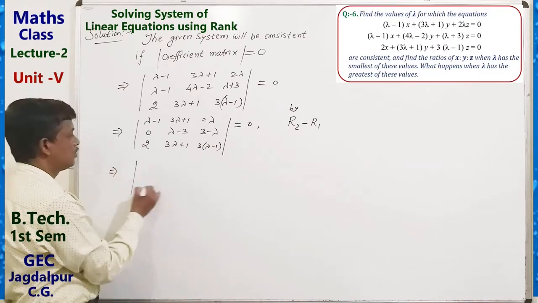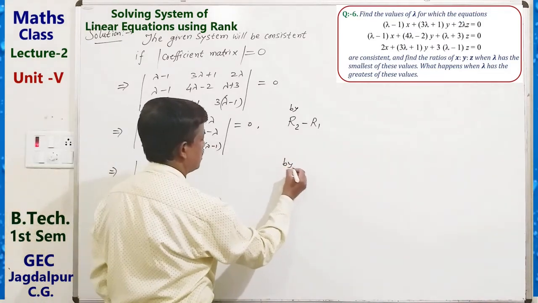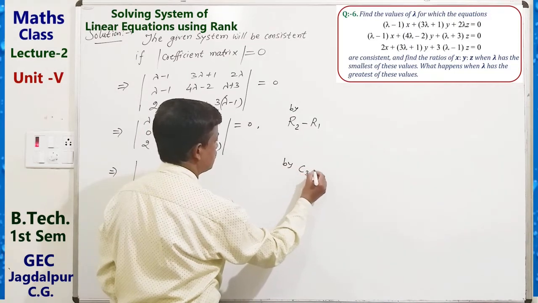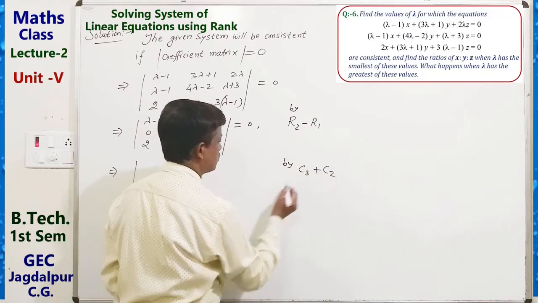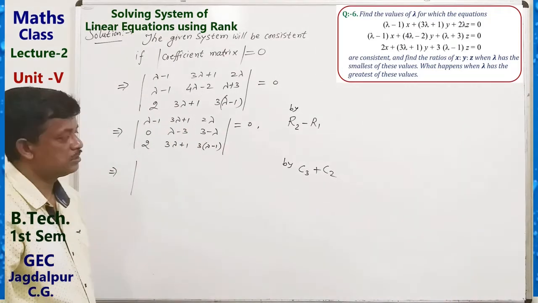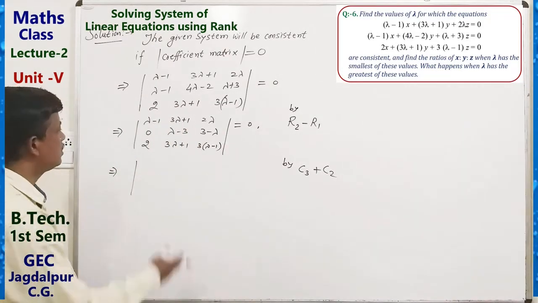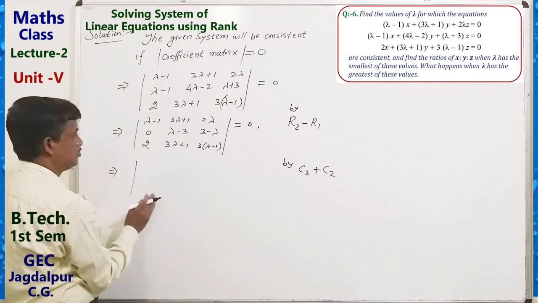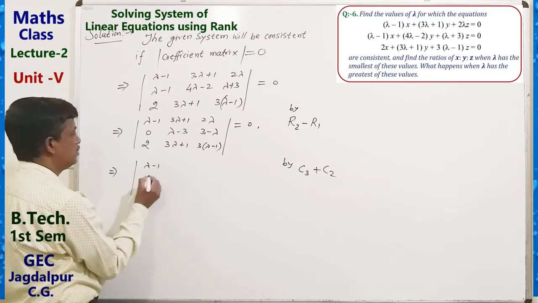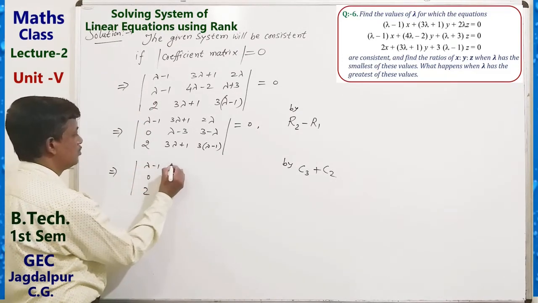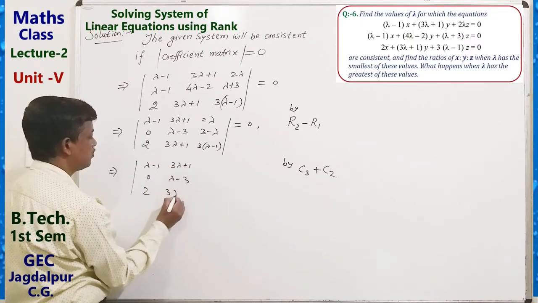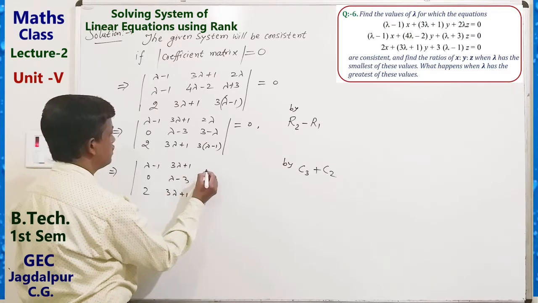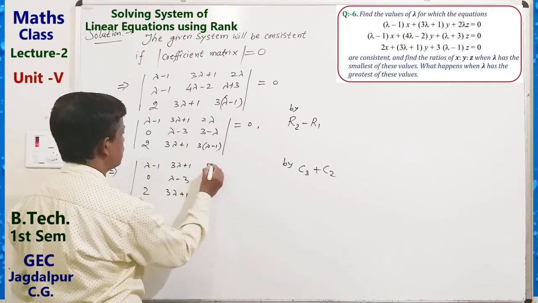Also apply the column operation C3 plus C2. So lambda minus 1, 0, 2, 3 lambda plus 1, lambda minus 3, 3 lambda plus 1. Here this plus this, 5 lambda plus 1.